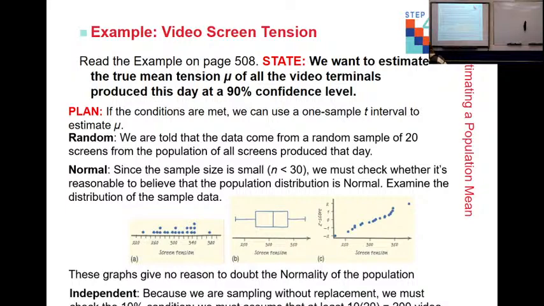So while these conditions are up here and you're seeing them, I'm going to focus in on the normal condition a little bit. Remember, our normal condition has changed. When we did proportions, it was n times p and n times 1 minus p.